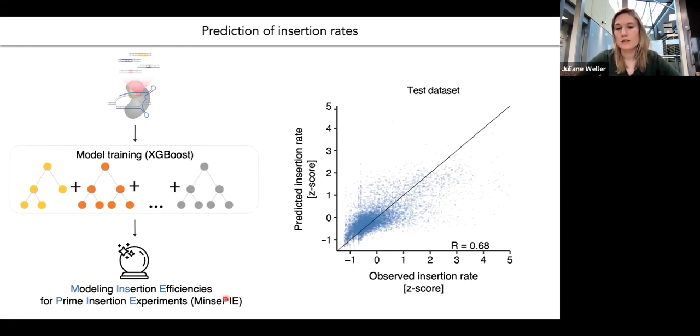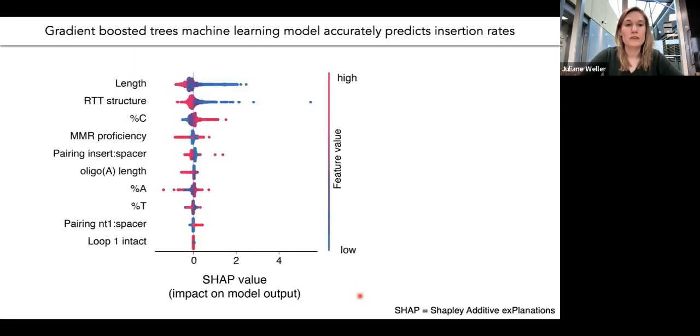And then we tested the prediction scores on our held-out test data set. So here we want to see how well our model performs on insert sequences it has not seen before. And you see the correlation between the observed and the predicted insertion rate here. So we got an R of 0.68. We also tested the model on external data sets, but I'm not showing you the data here.